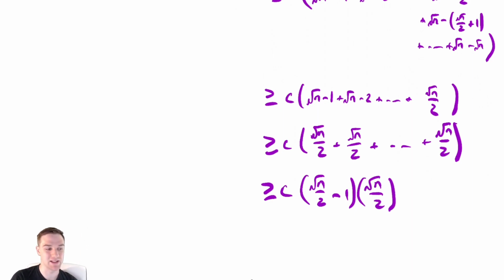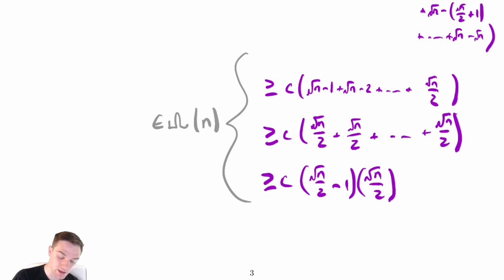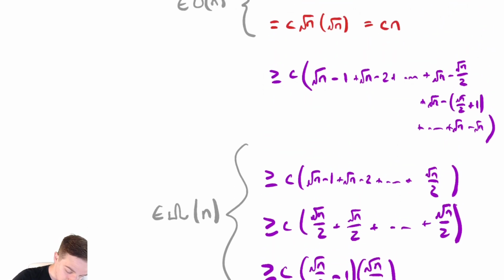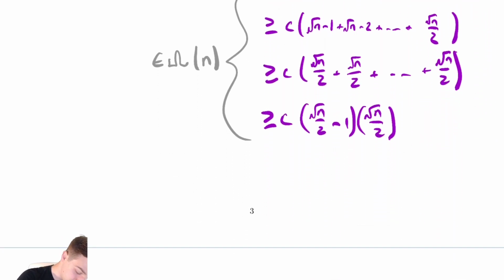But if you forgot the minus 1, it's not really going to affect anything, so maybe we don't care too much. And all of this stuff here tells me that I am in big omega of n. And if we look up, we are also in big O of n, so that's convenient. So T(n), our running time, is in theta of n.